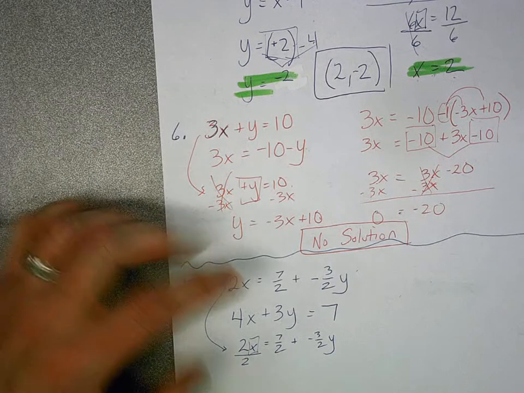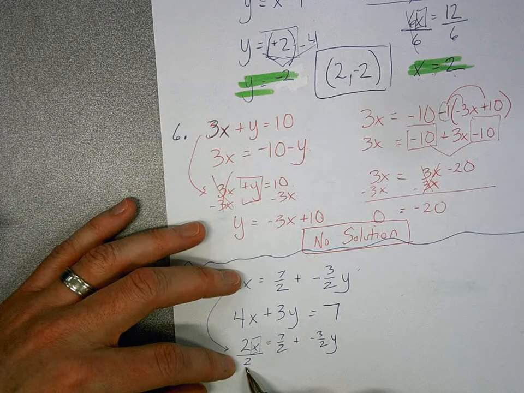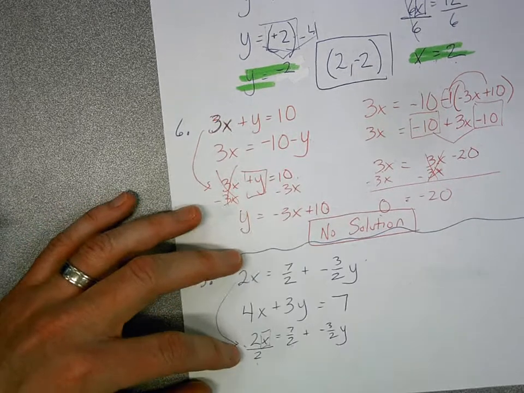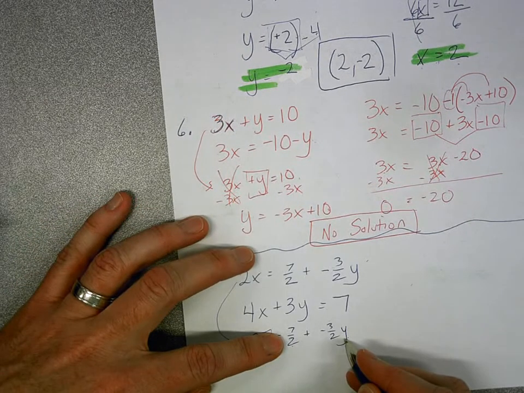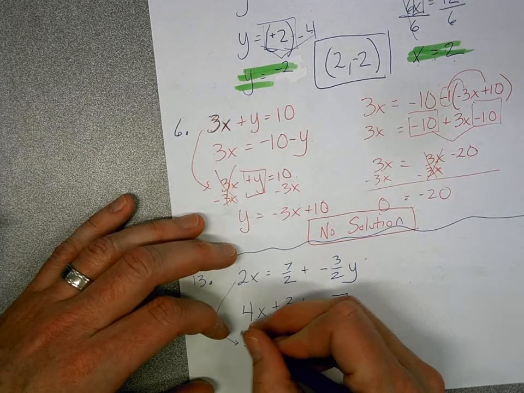Now, I can either divide by 2 and divide both of these terms by 2, or, isn't that the same also as multiplying by its reciprocal, 1/2?